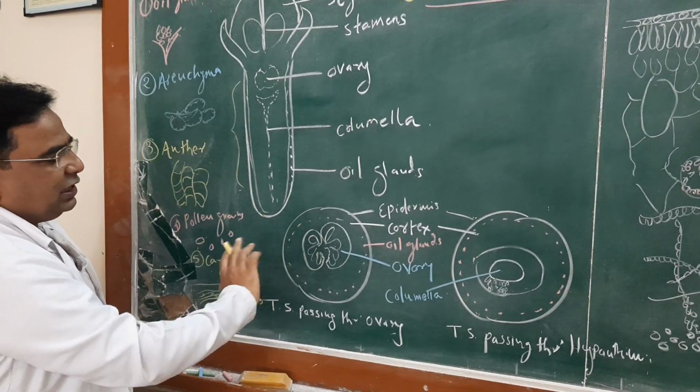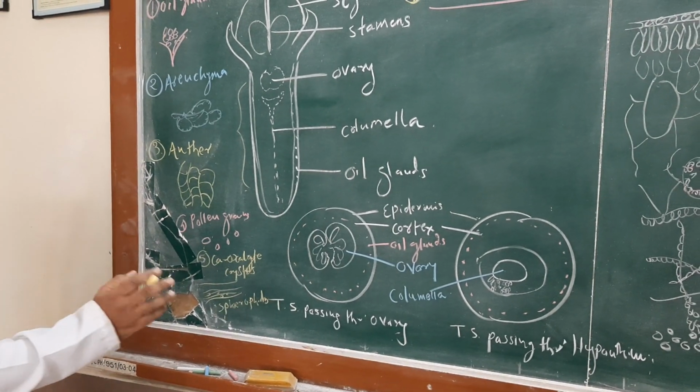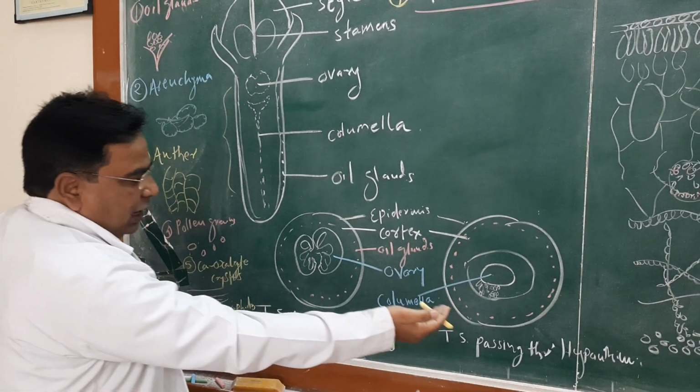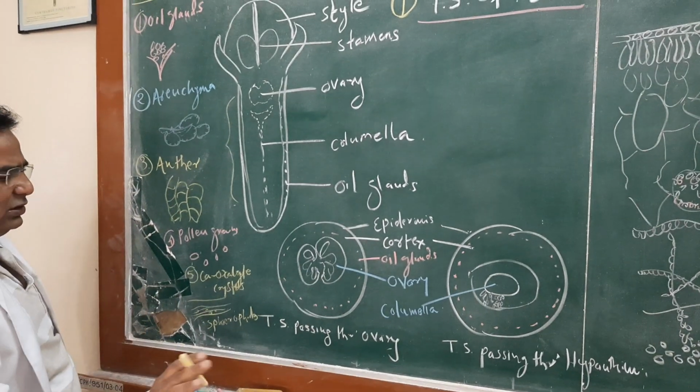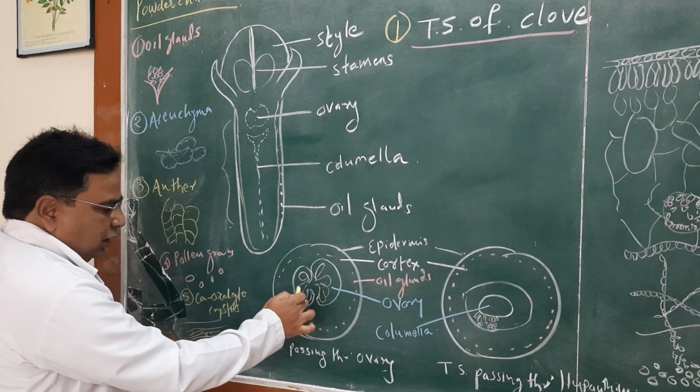The exact difference between these two TS, passing through the ovary and the hypanthium, is only at the center of the section.